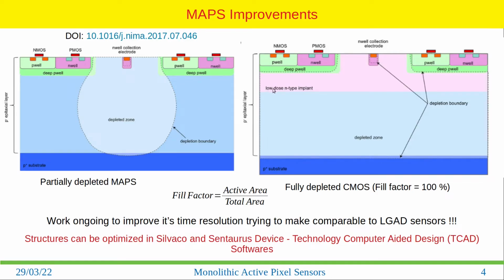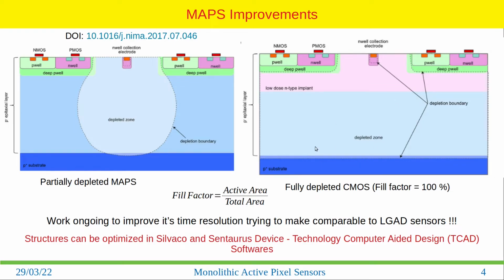So people put a low dose n-type implant in between, throughout the whole region, up to here. That allows us to create a very large depletion region. You can see in this region, the depletion region looks like this, due to the low dose n-type implant, and all other things are the same. Then we have all the transistors and MOS transistors that allow us to create a complicated circuit structure.